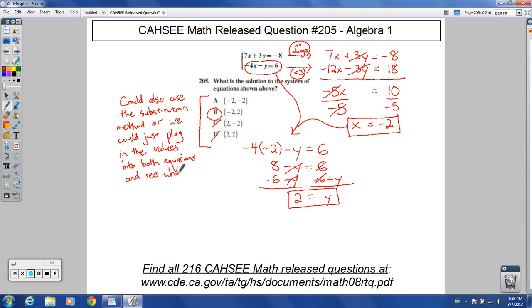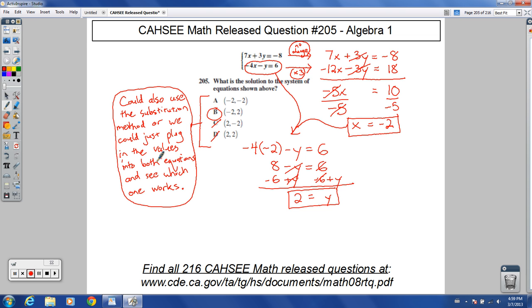So a couple of alternate ways to do that problem. Make a little note of that off to the side here, and you can always fall back on that.